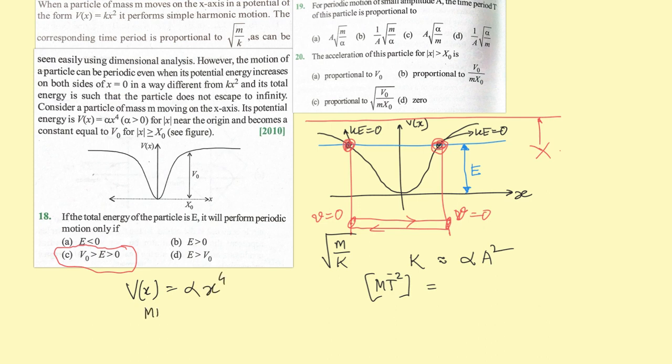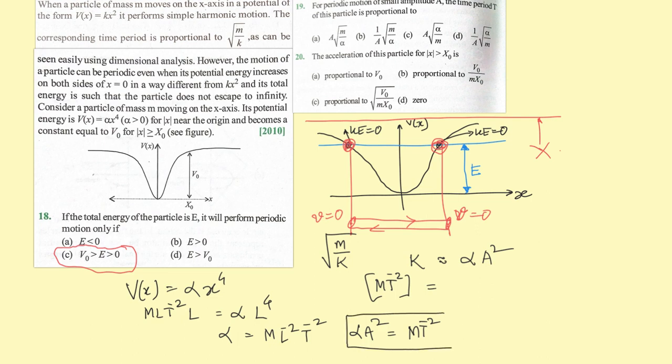Work done, m L t to the power minus 2, work done into distance, is equal to alpha into L to the power 4. So alpha is equal to m L to the power minus 2 t to the power minus 2. So alpha into a square, a square means you have L square here. So alpha a square is m t to the power minus 2.